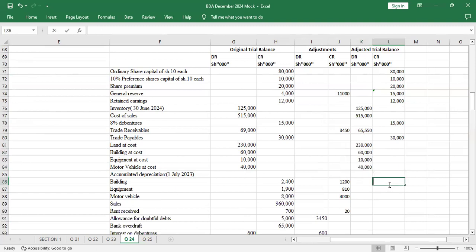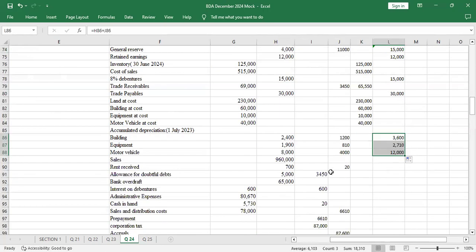So I'll start with the building. Both are on the credit side, the adjustments and the original trial balance. So you'll take that value and add to this here because it increases the accumulated depreciation. I'll drag this also up to here because the format has copied there, and both are on the credit sides.